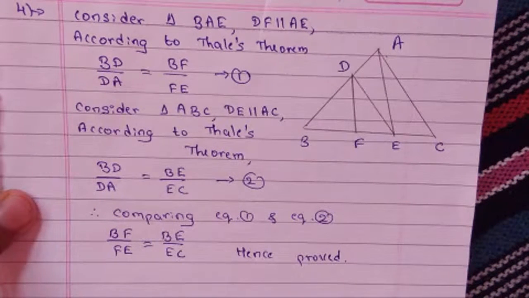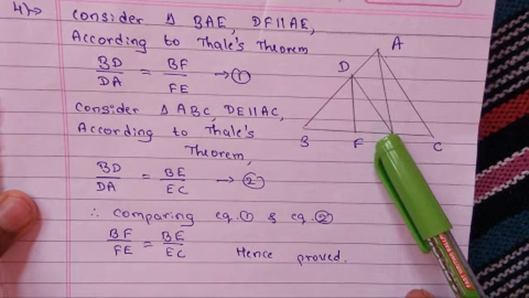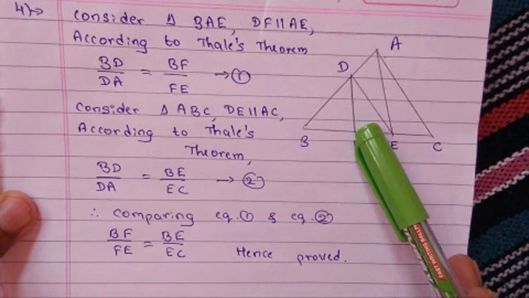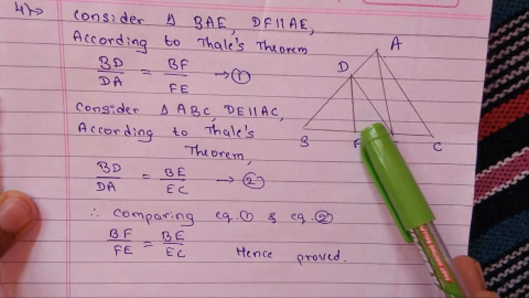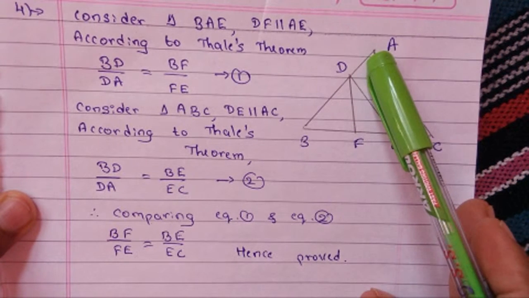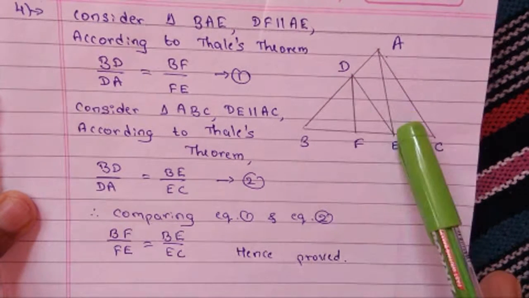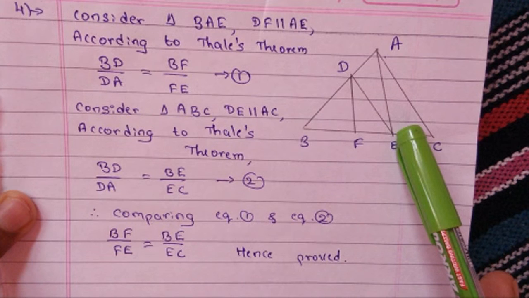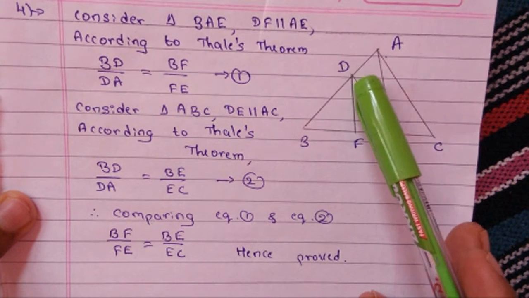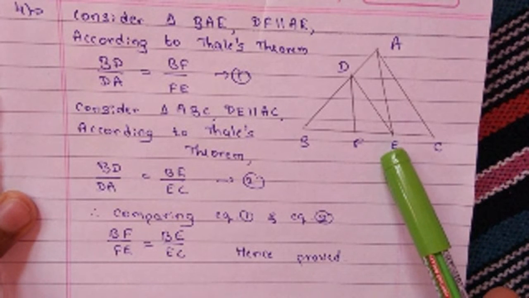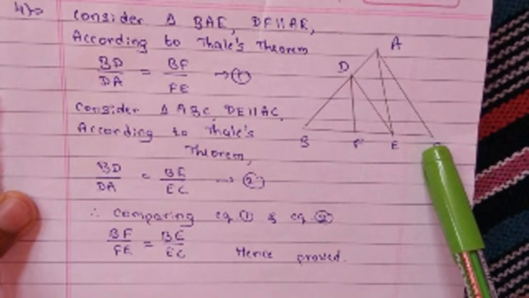Okay, very simple problem. Only you have to remember the property of Thales theorem. In this case, it is given that DE is parallel to AC and similarly DF is parallel to AE. First we have to consider triangle ABE. In triangle ABE, DF is parallel to AE. So that's why it becomes BD divided by DA, that is equals to BF divided by FE. Then in the second case, we have to consider triangle ABC.